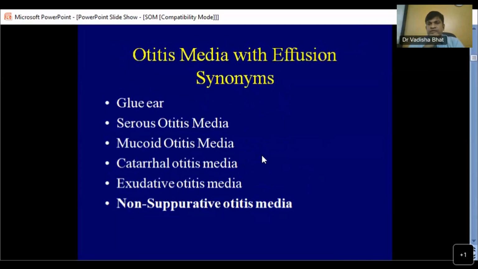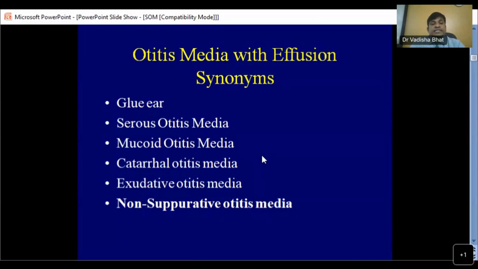Now, the topic of today's discussion is otitis media with effusion, which is known by different names. The common name, for the common people and even among the medical fraternity, is glue ear. This is because the collection in the mid-ear cavity is something like glue. In fact, that is the thick mucus that is collected in the mid-ear cleft.